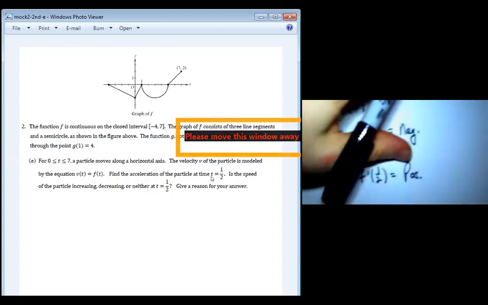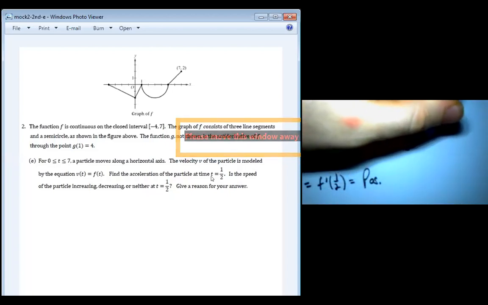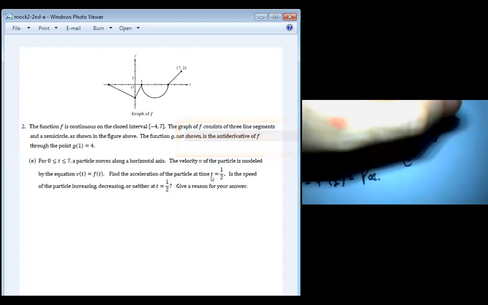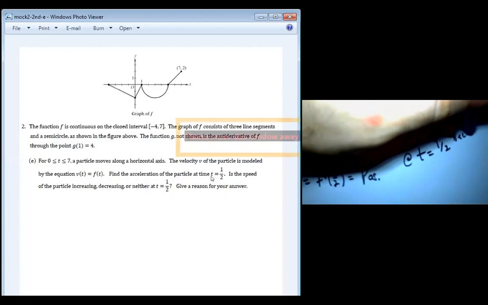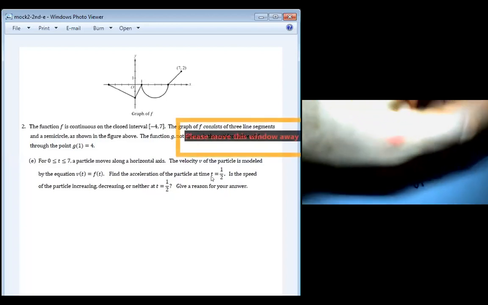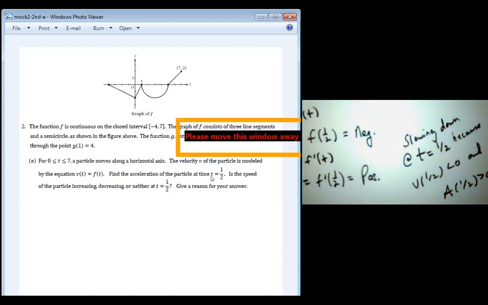So now we've got one of each, and that would give us the slowing down verdict. So it's slowing down at t equals 1/2 because v of 1/2 is less than 0 and a of 1/2 is greater than 0.